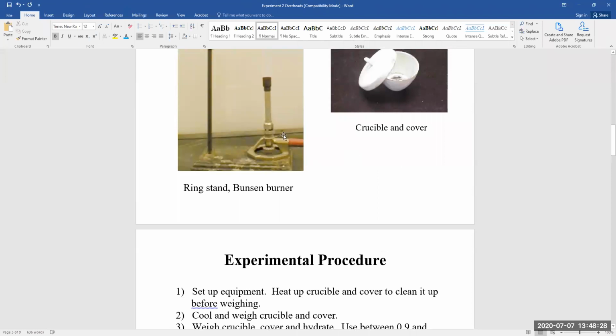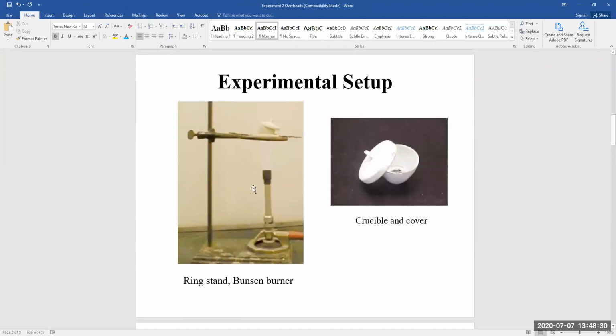First, after setting up your equipment like this, you need to realize that the crucible could be dirty from the past, right? So you can rinse it with water, but then it's going to be wet.